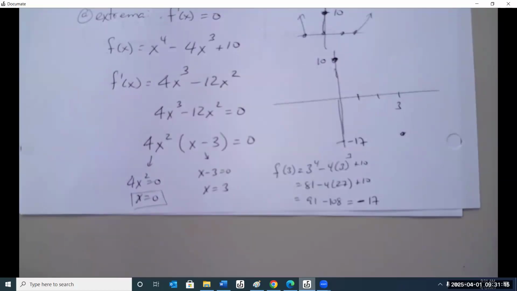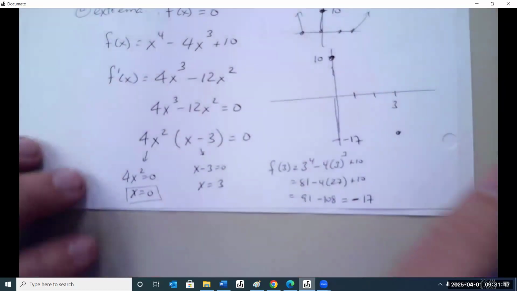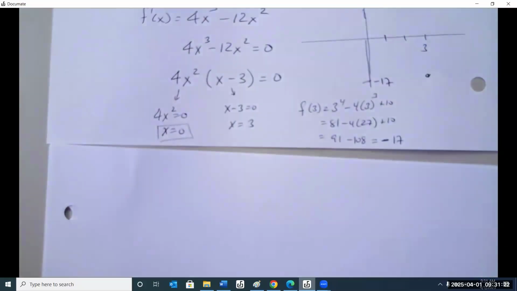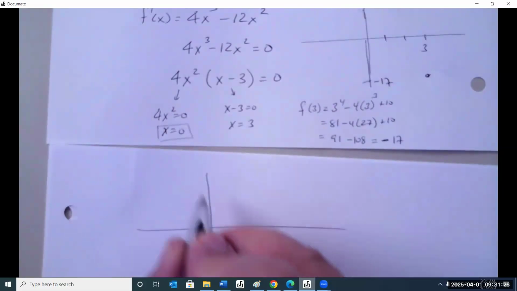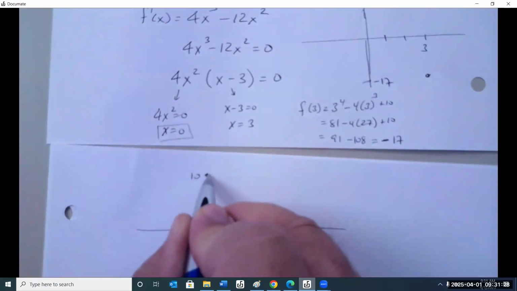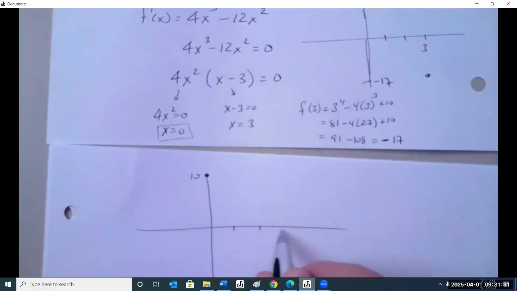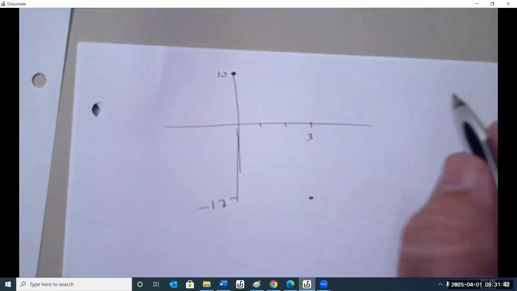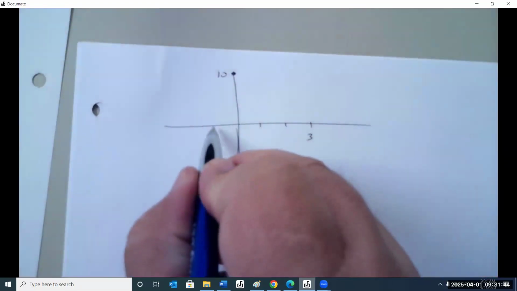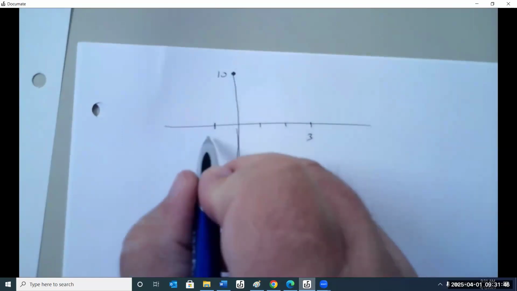Where is it increasing? Where is it decreasing? To find out, let's pick a number that's to the left of our extrema.